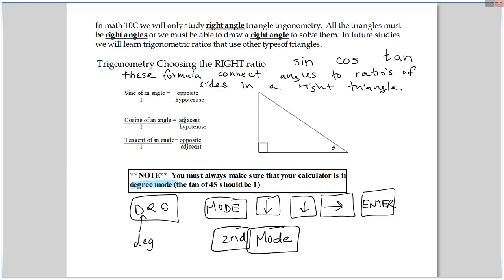Now, just for practice, let's label this triangle up here. Okay? So let's use the angle down in the corner. First of all, label the height. How do you do that? Find the 90 and go across.